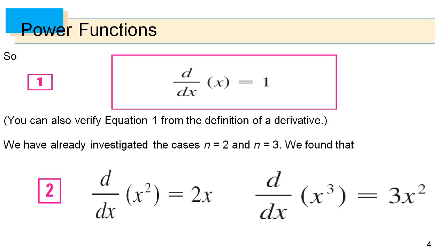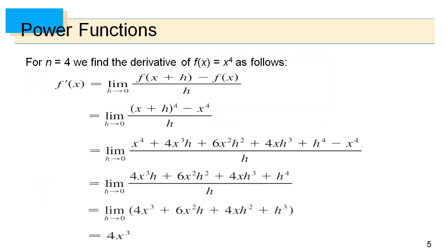Now we've already seen from previous investigations and examples that the derivative of x squared was 2x and the derivative of x cubed was 3x squared. So now we can move on and look at what happens when we take the derivative of x to the fourth. You can follow along with all of this messy algebra.